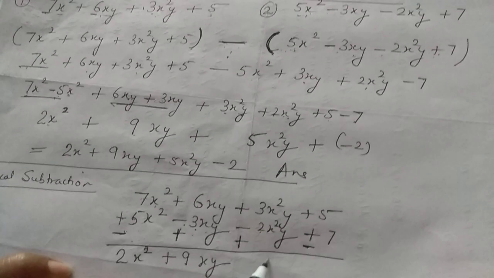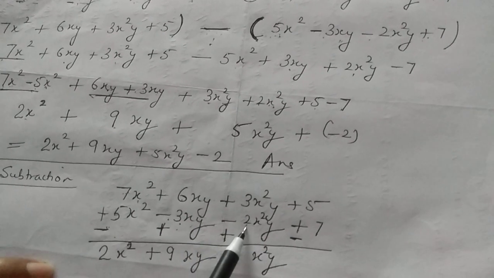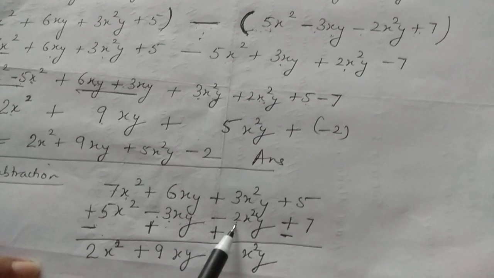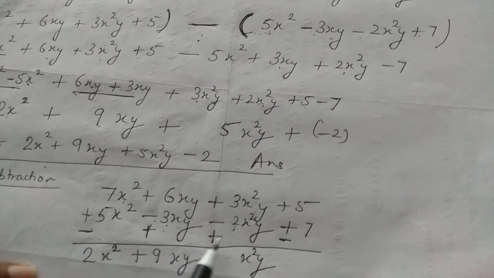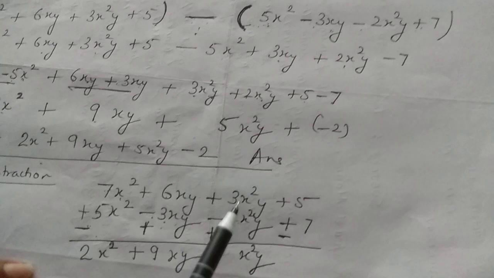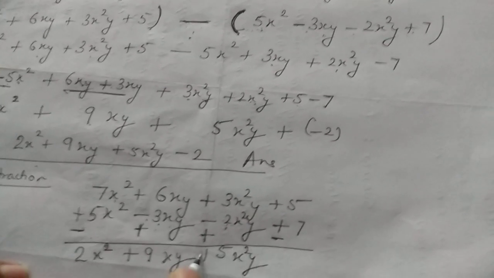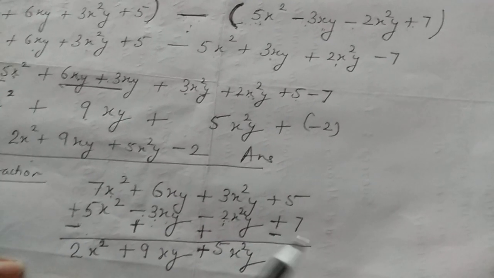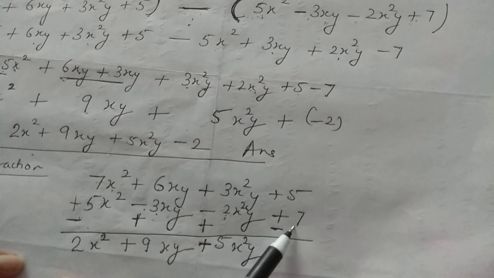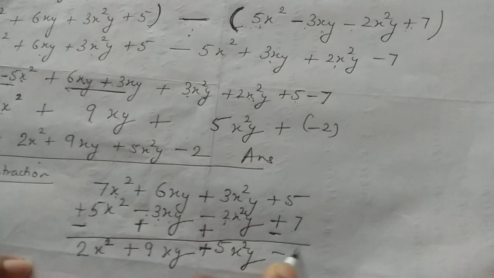Then x square y is the next literal coefficient. The sign has changed to positive. It is no more minus 2x square y. It is plus 2x square y. So 3 plus 2 is 5. So the answer is plus 5x square y. And 5 and minus 7 is minus 2.